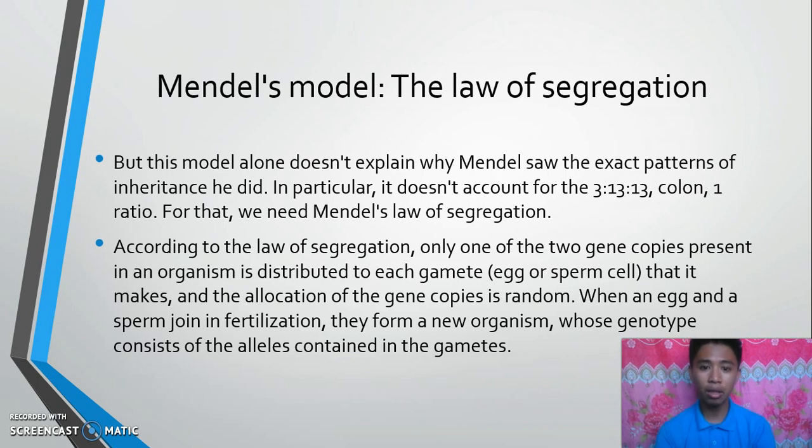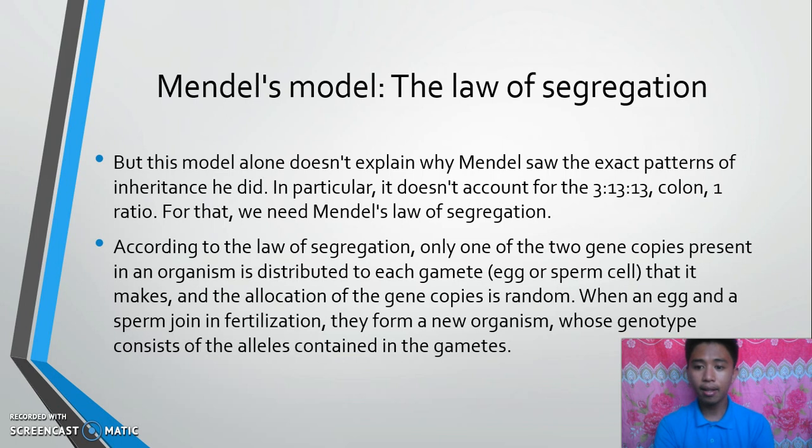For that we need Mendel's law of segregation. According to the law of segregation, only one of the 2 gene copies present in an organism is contributed to each gamete, and the allocation of the gene copies is random.